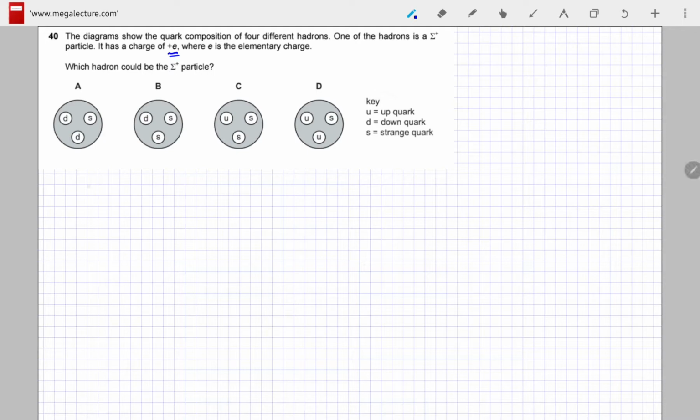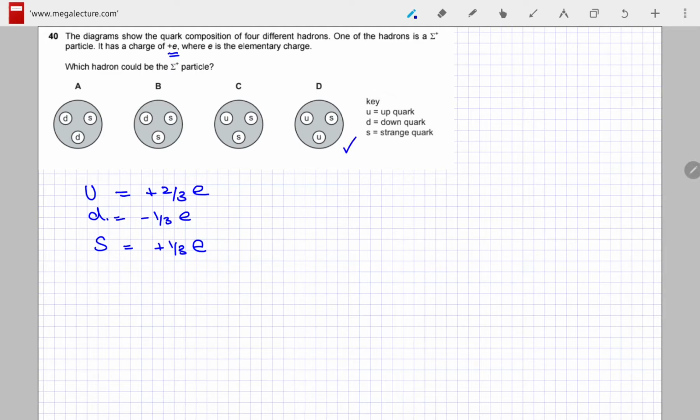So we know the charges for different quarks. We know that the up quark is plus 2 by 3 e. We know that the down quark is minus 1 by 3 e, and the strange quark is plus 1 by 3 e. So to find the charges, let's try with the last one.